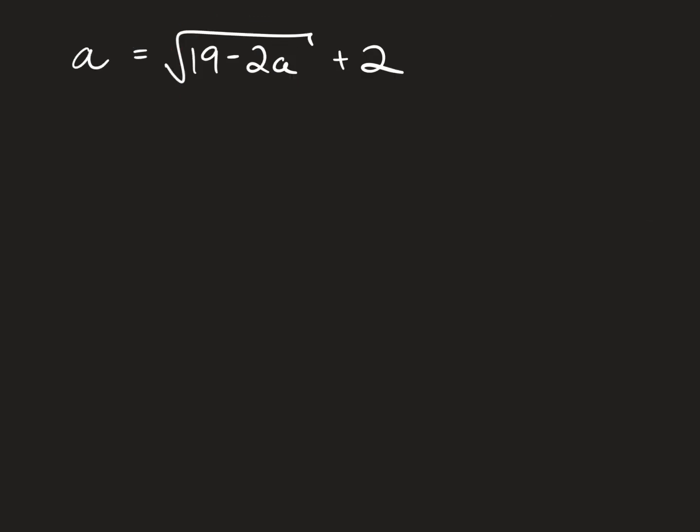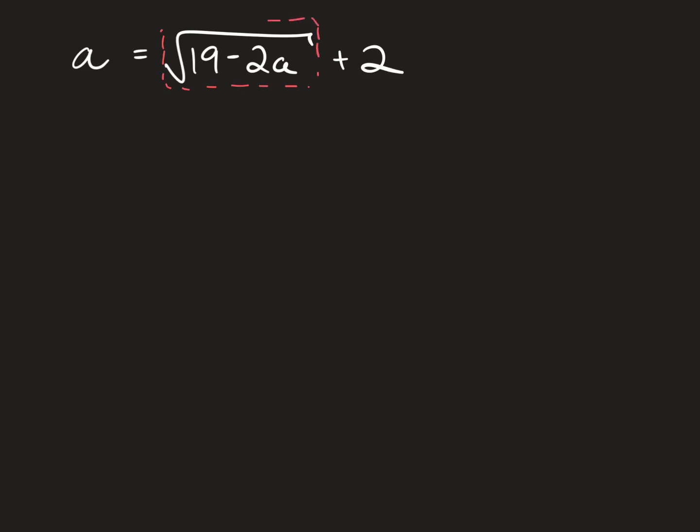On this slide, one more example here for square root equations. I have a equaling the square root of 19 minus 2a, and then plus 2 outside. So I see there's a square root. Interesting. Okay, so with the square root, that's the part I need to isolate.